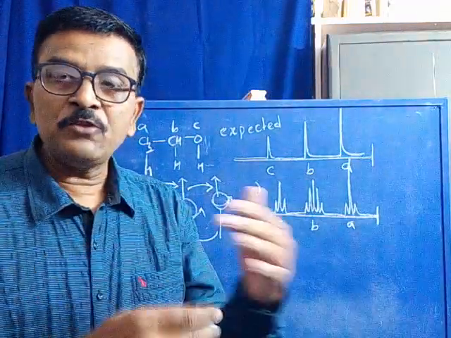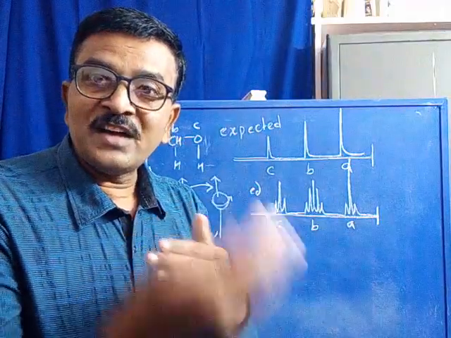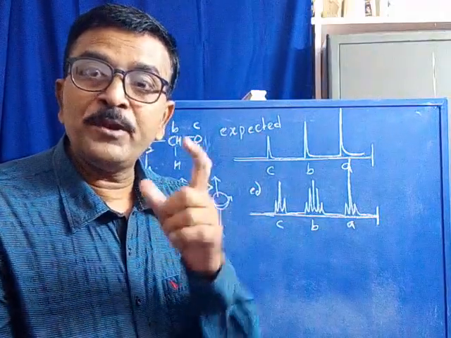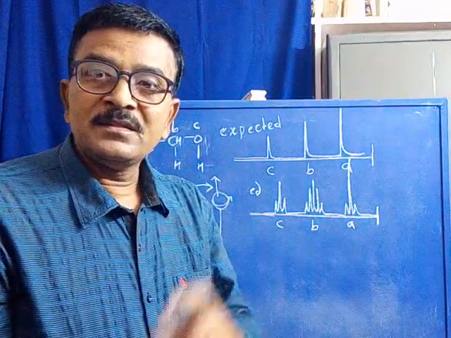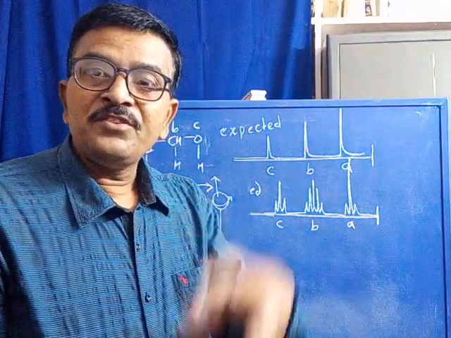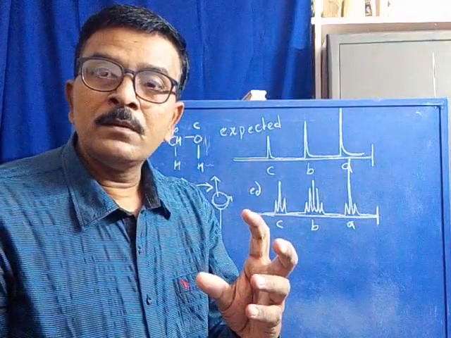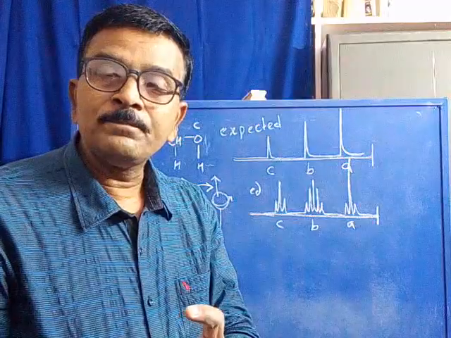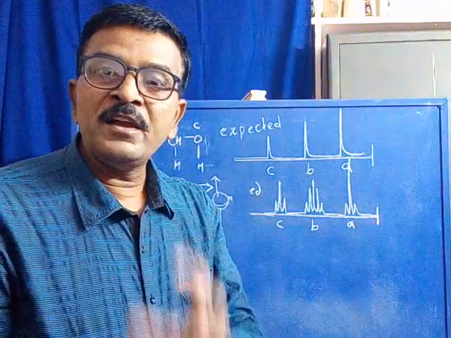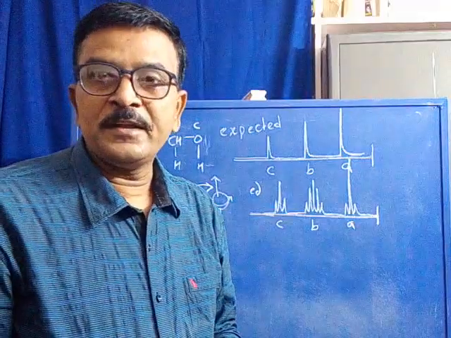Coupling of a nuclear spin produced by one set of protons with its adjacent is called spin-spin coupling. That results in the splitting of the signal related to each set of equivalent protons into more than one line. Therefore, the phenomenon is also called spin-spin splitting. Is it clear?